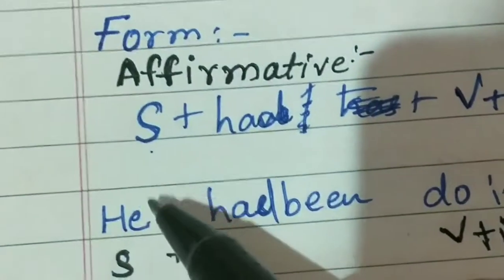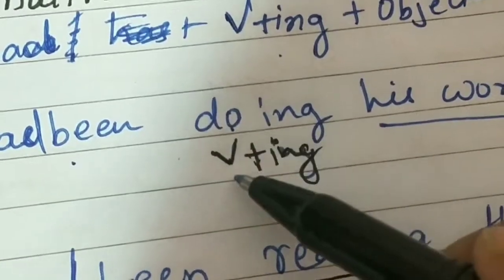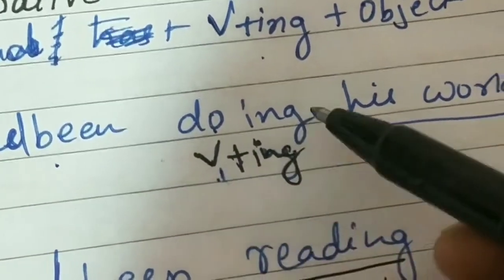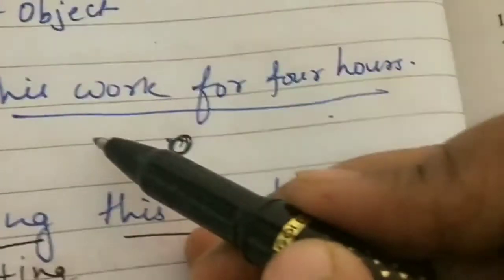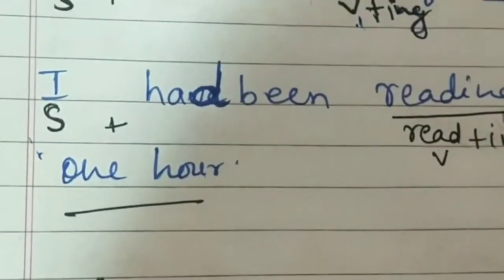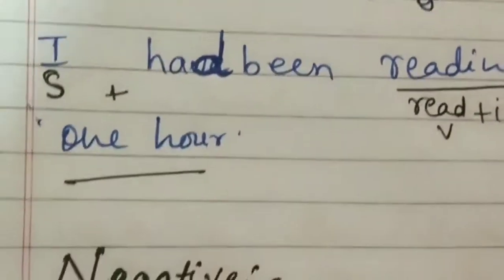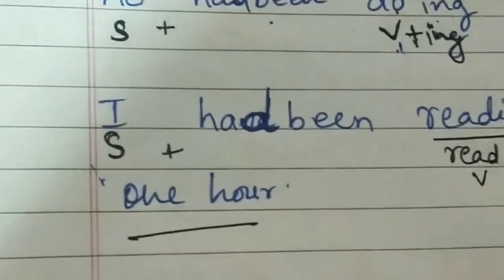Now he is the subject, had been, and do is the base verb or V1 verb plus ing form, so it makes doing, and his work for 4 hours is the object of the sentence. So that is how the affirmative sentences are formed. See another example: I had been reading this book for the last 1 hour.